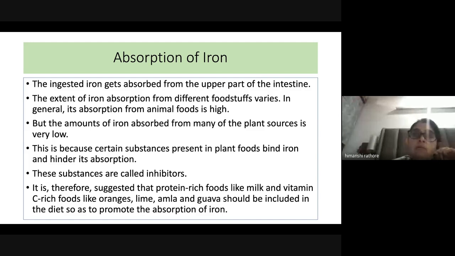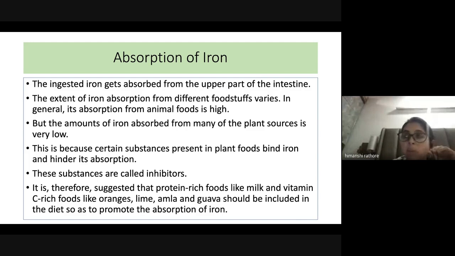And animal foods, meat, poultry, egg yolk, contain a high amount of iron. But the iron present in plant sources like kale leaves, spinach leaves, broccoli, jaggery, which are all vegetarian sources, is high in them, but the bioavailability is low.